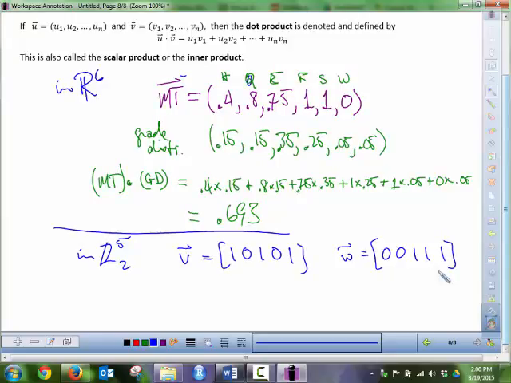We know how to multiply in GF2 and in any finite field now. V dot W is going to be equal to what? 1 times 0 is 0, 0 times 0 is 0, 1 times 1 is 1, 0, 1, 0, 1, 1, that's 1.